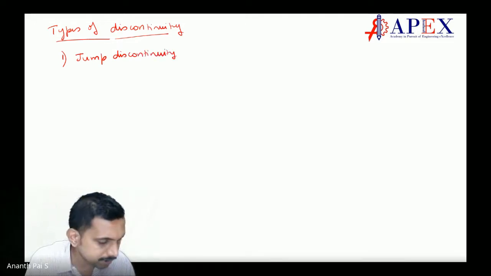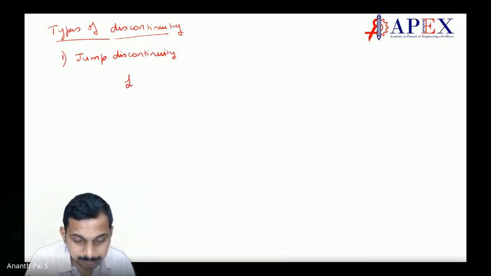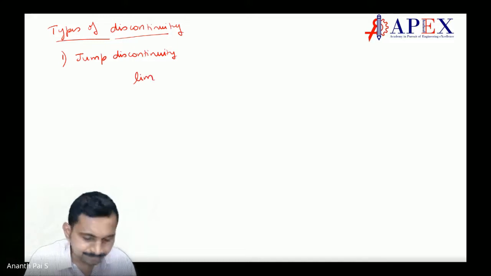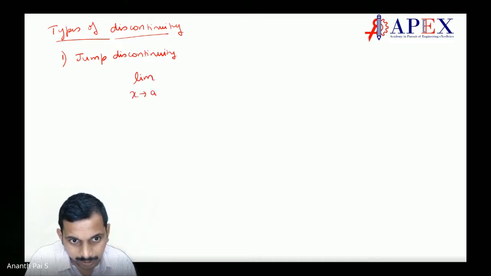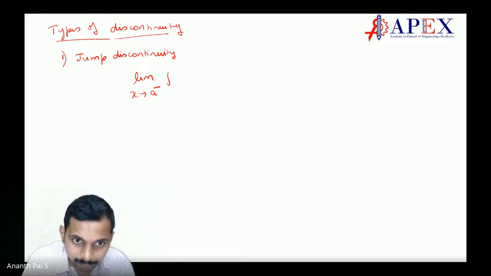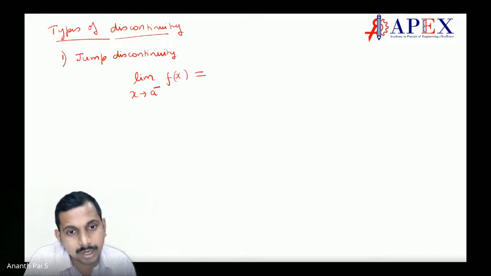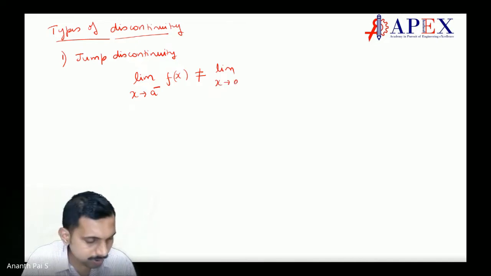Jump discontinuity is limit x tending to a minus f of x is not equal to limit x tending to a plus f of x.